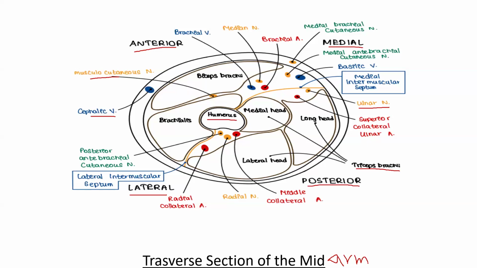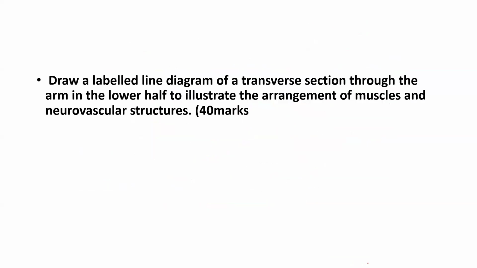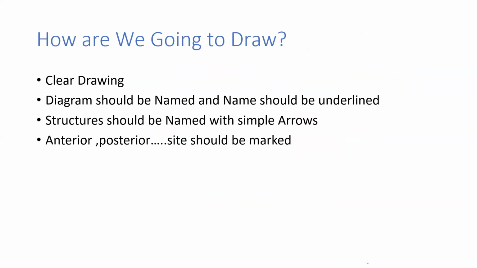So like that, to get the complete marks for a particular drawing, you have to complete each and every task. It should be a clear drawing. The diagram should be named and the name should be underlined. Structures should be named with simple arrows, and the side should be marked anterior, posterior, like that.